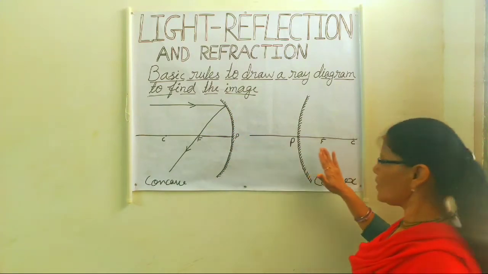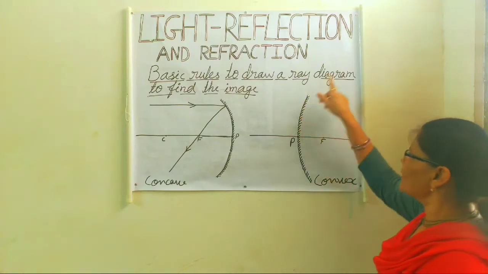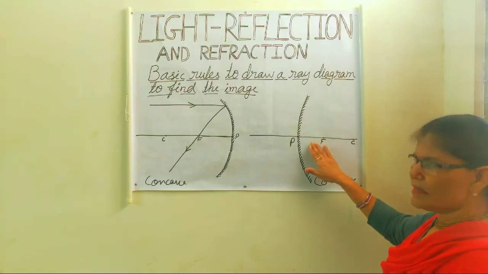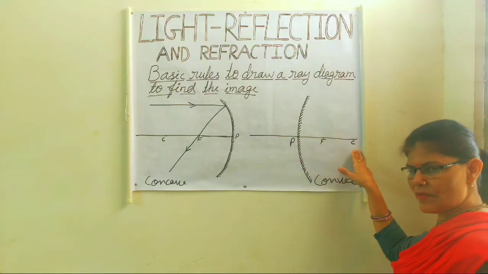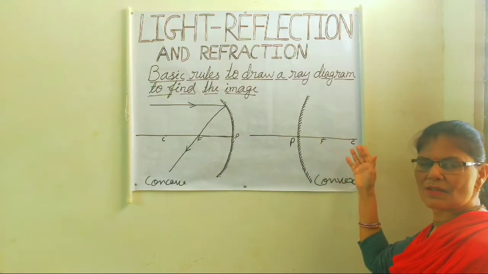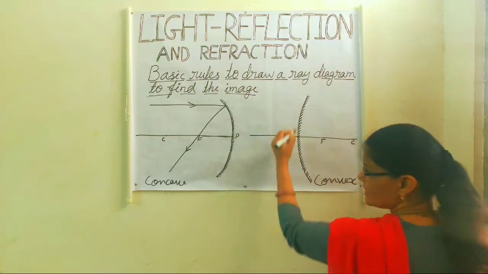In case of a convex mirror, as I told you in the last video, when we complete the circle, its focus as well as its center of curvature is on the back side of the mirror. The reflecting surface is here.